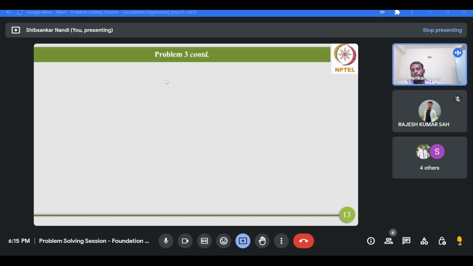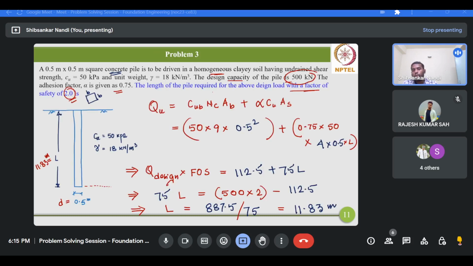The same equation you have to use, that is Cub Nc Ab plus alpha Cu As, but with some little modification. Now what are those changes? Can you please tell me? To calculate the safe load carrying capacity of an underreamed pile, what will be the changes to be incorporated in this equation?